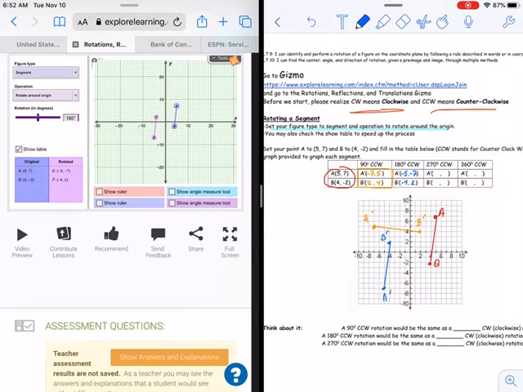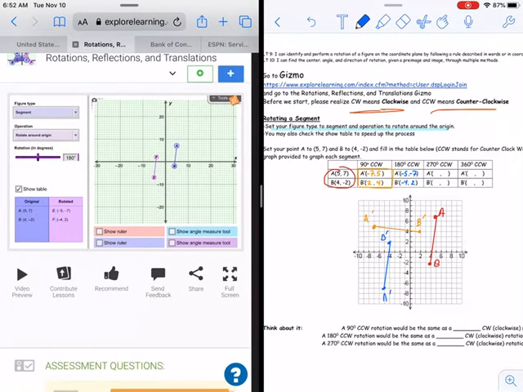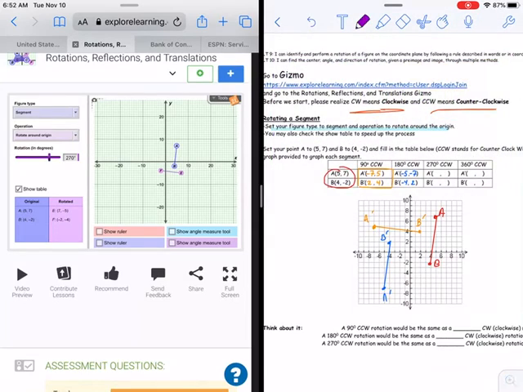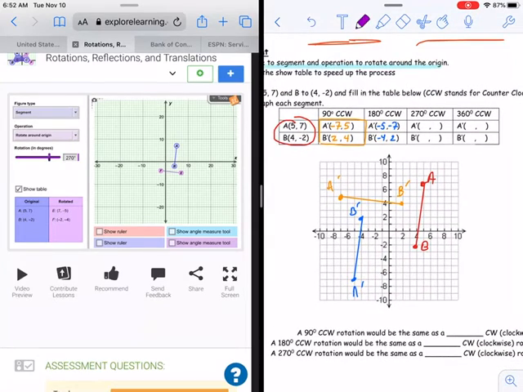Then let's cruise right along. Let's knock out 270. Perfect. I didn't have to type it in. I'm so good at this. Now A prime, which they call E, is at 7, -5. And F is at -2, -4.